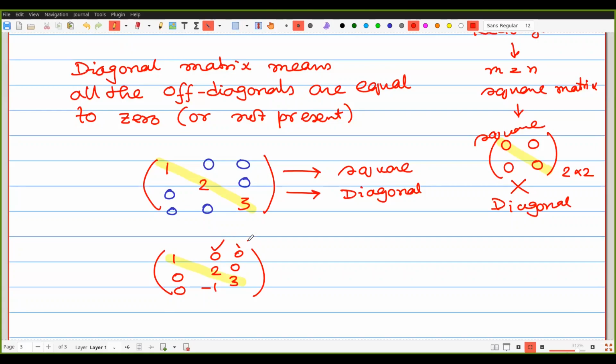Off diagonal 0, off diagonal 0, off diagonal 0, off diagonal 0, off diagonal 0, but that one is not an off diagonal which is equal to 0. So we must consider it as a square matrix only, but that one is not a diagonal matrix. Is that clear?